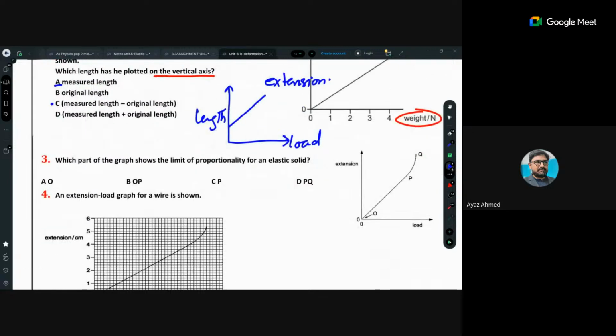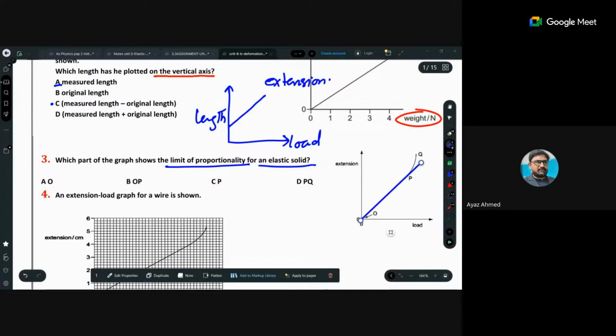Is this question clear to all of you? Yes, sir. Okay, then question number 3: which plot of the graph shows the limit of proportionality for the elastic solids? I have explained this question: whenever you have a straight line, something like this, place your ruler along with it. See, I have placed the ruler along with this.